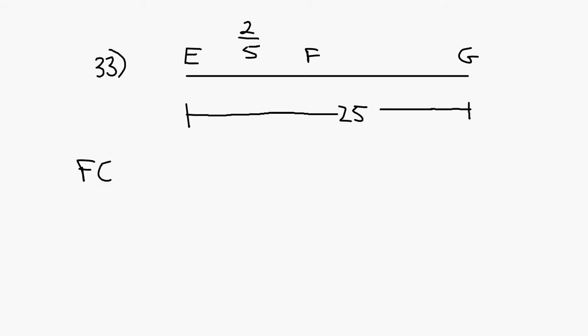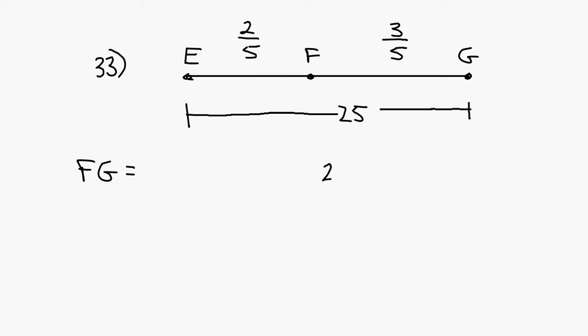So F to G is equal to, look, if F is 2/5 of the way to G, then from F to G would have to be 3/5 of the entire distance, because 2/5 plus 3/5 equals 5/5, which is the entire distance.